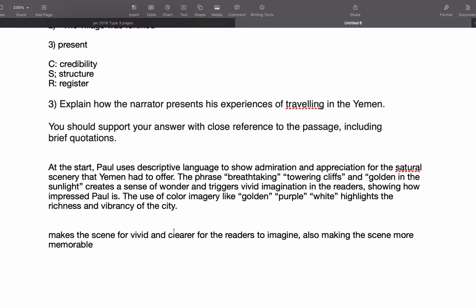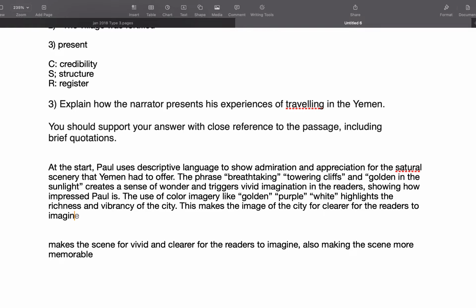Now we can say this makes the image of the city clearer for the readers to imagine. And also, if the writer is amazed, he wants you to feel that amazement as well, so he's giving you a little chunk of it. And if you feel amazed, we're all feeling amazed.